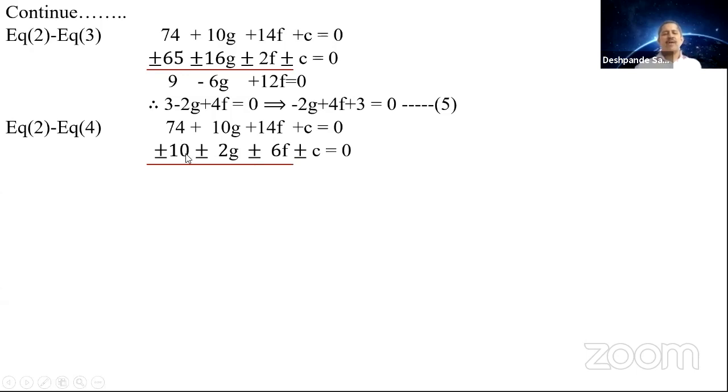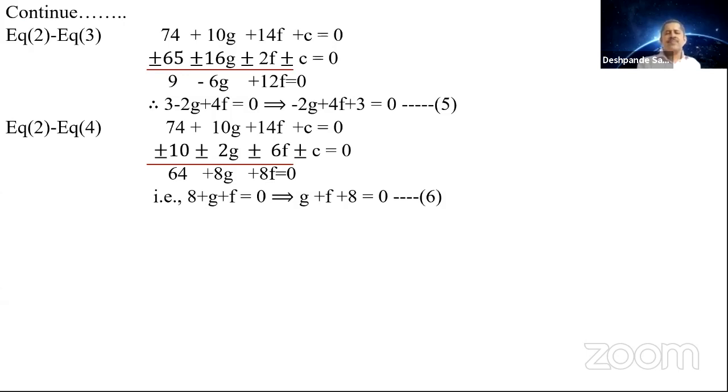So 74 minus 10 is 64. 10 minus 2 is 8. 14 minus 6 is 8 and c will cancel off. So 64 plus 8g plus 8f is equal to 0. So you see that in all three, 8 is common. So take 8 common. 8 plus g plus f is equal to 0. So you can write first the g term, then the f term, then the constant term. So you got equation 5 and equation 6.